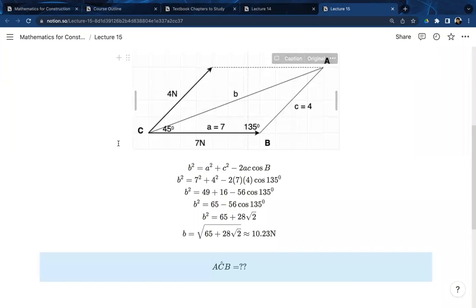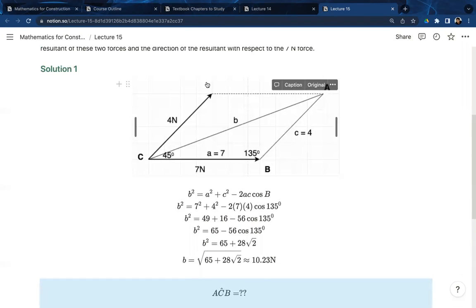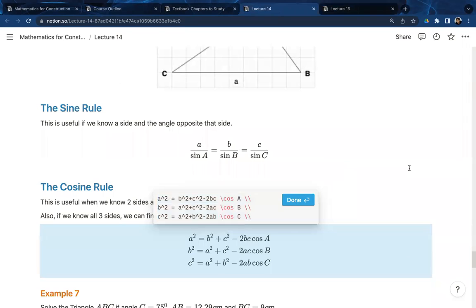We could find ACB, or if we call this point up here D, we could find ACD, and we could give the angle relative to the 4 Newton. What is easier is to give the angle to the horizontal, which is the 7 Newton force. So what is angle ACB? We know a side b and the angle opposite is 135. So it looks like we're using the sine rule for that, right?